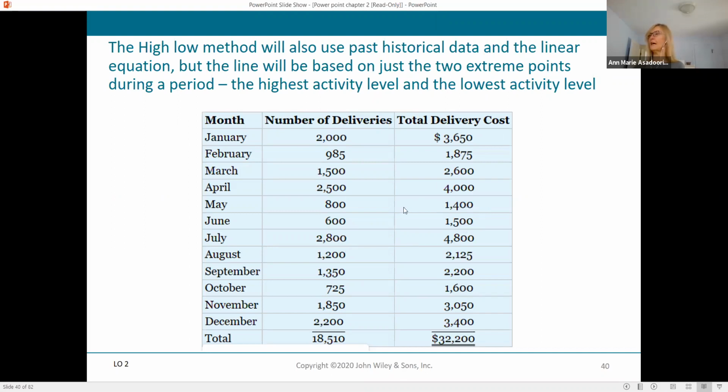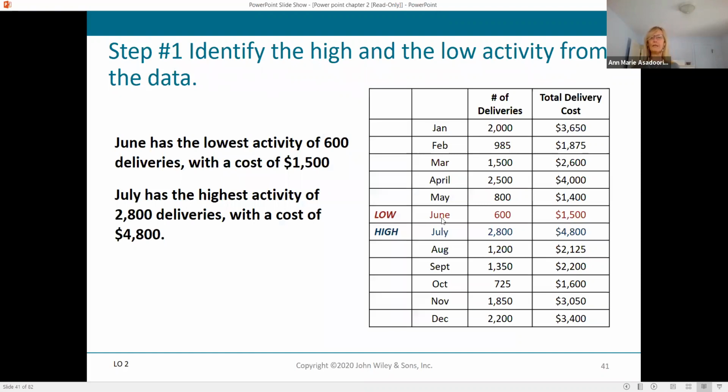And then it's the cost at that high volume and the cost at that low volume. If you have a good driver, it should be your high cost and your low cost, but I'm just saying it's not always the case. You're trying to identify that low point and that high point. Right, so this is the high point, this is the low point.